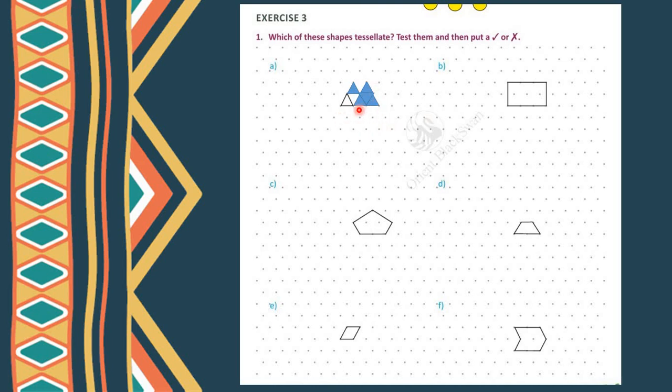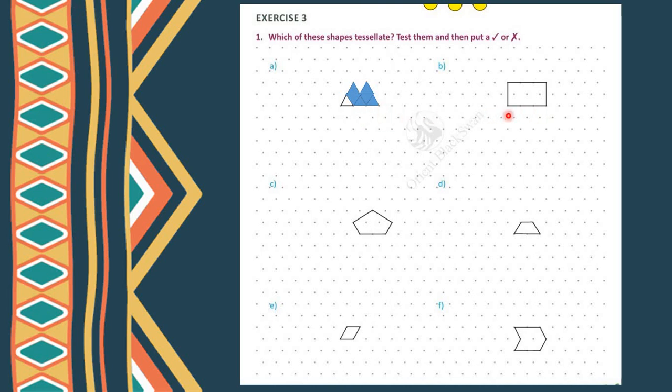When you repeat drawing a triangle like this, even the gaps in between will give you the inverted triangle, right? Which will be filled by the same shape but in inverted manner. That means it is filling all the gaps and it is fitting itself exactly without leaving any gap, right? So that means this shape tessellates.